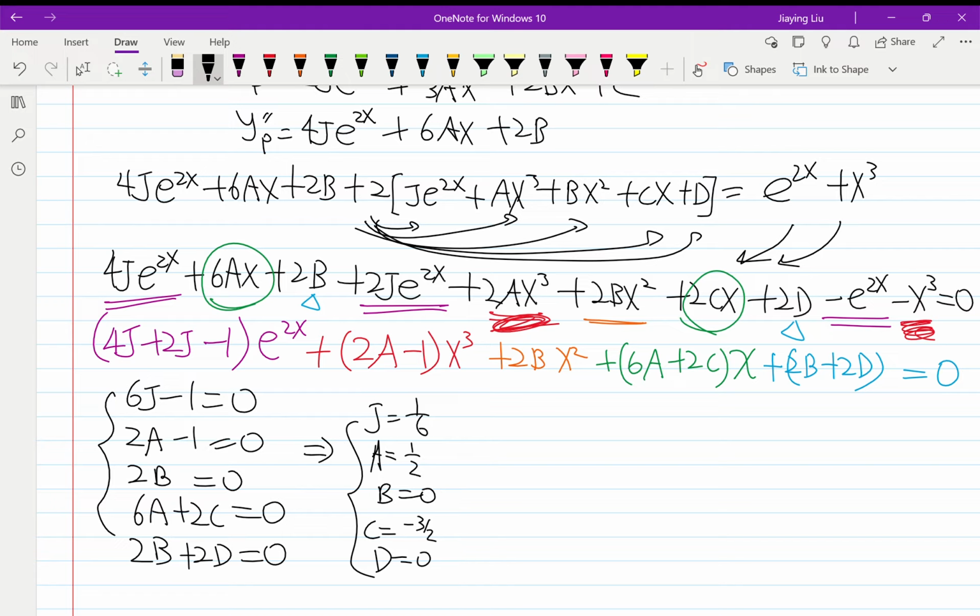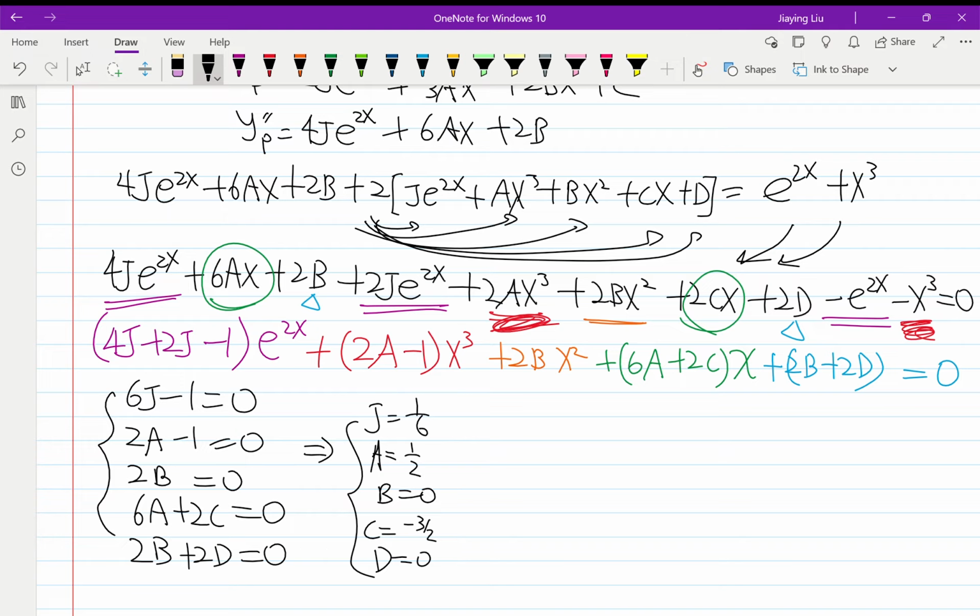You can double check, but those are the coefficients I got. Any questions?